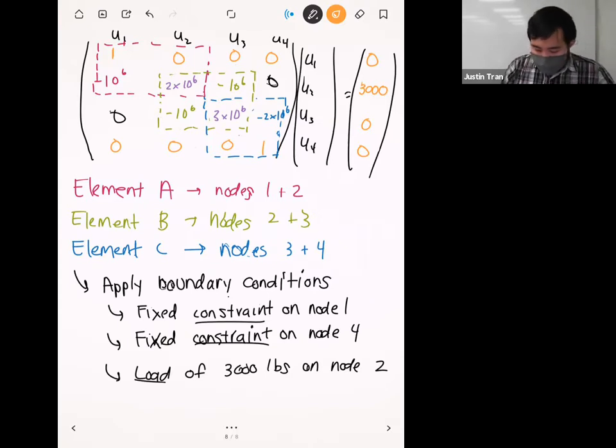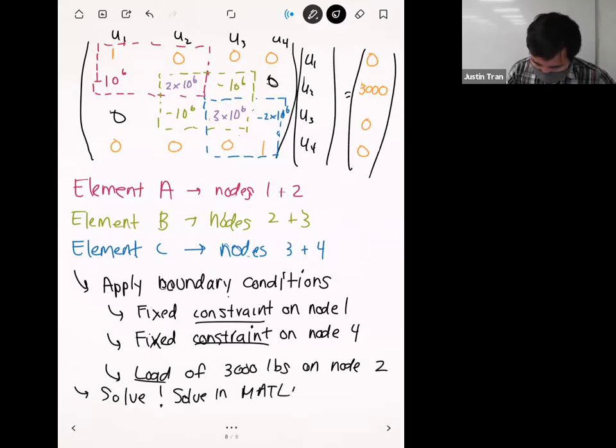All right. And so now that we have this linear system right here, we have our left-hand side matrix, and we have our right-hand side forcing vector. We can go ahead and solve this. And I think for me, I solved this in MATLAB, because even doing a 4x4 system like this can be challenging.